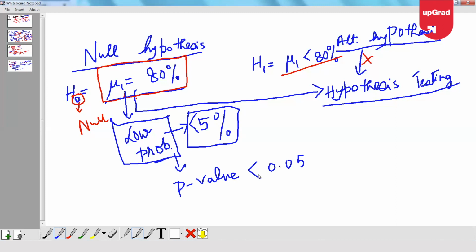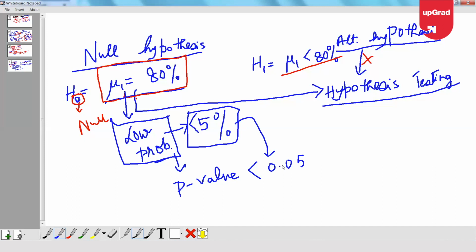P-value is not calculated in terms of percentage, but 5% is nothing but 0.05 only. So if you recollect our last video, we had actually showed you how to use z-score and get a p-value. P-value is nothing but the probability of a certain event being true.